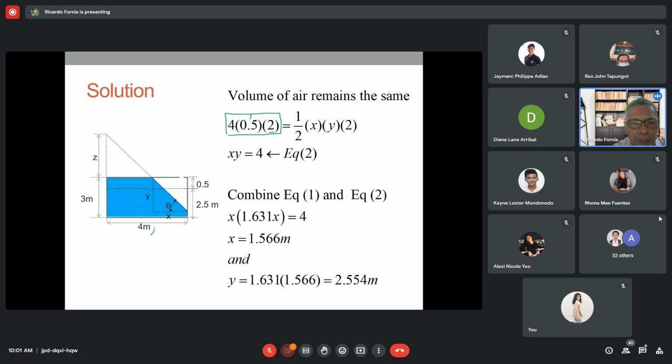Then multiply it by this one, and multiply it by the width. So the tank has a shape like this, and this is the 2 meters, the dimension perpendicular to the screen.